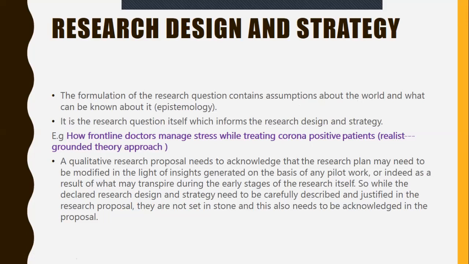So you are already logically understanding how a phenomena might work in the real world and how knowledge can be collected on the phenomena. So your knowledge generation aspect is guiding your epistemological position on the phenomena. So the research question guides the researcher about what form of research design should be followed and what strategies should be incorporated.